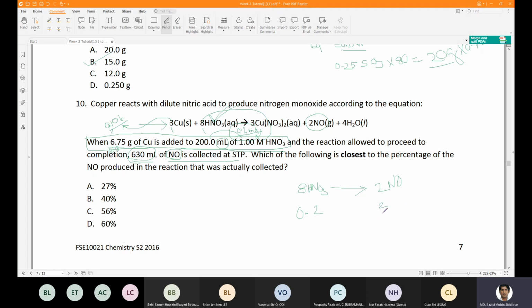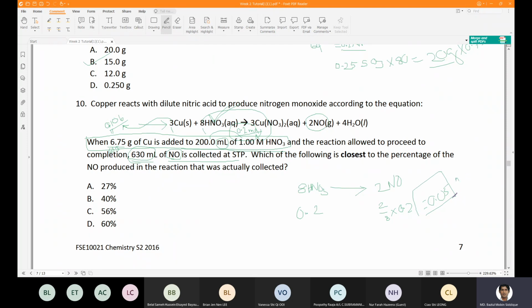It will be 2/8 times 0.2, and that is 0.05. So 0.05 moles of nitric oxide will be produced.